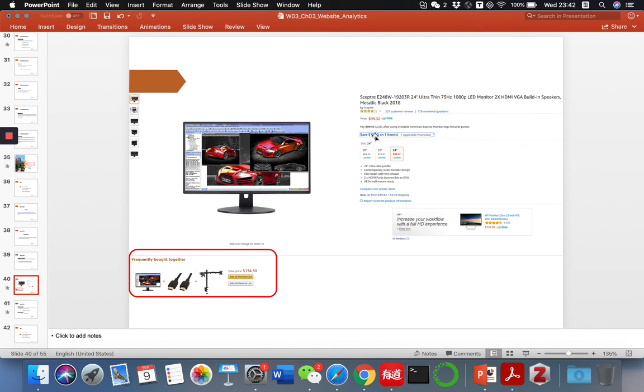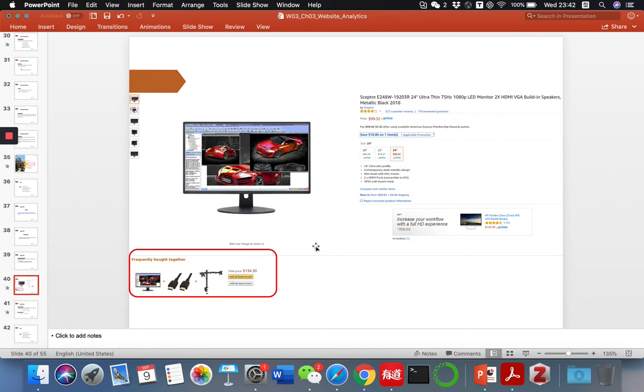As you can see, this monitor is around $100, right? But Amazon not only offers the information about the monitor itself, but also information about the related cable and the other accessory, right?